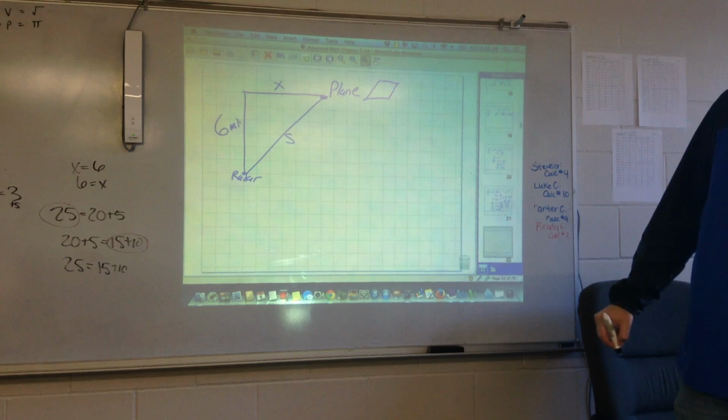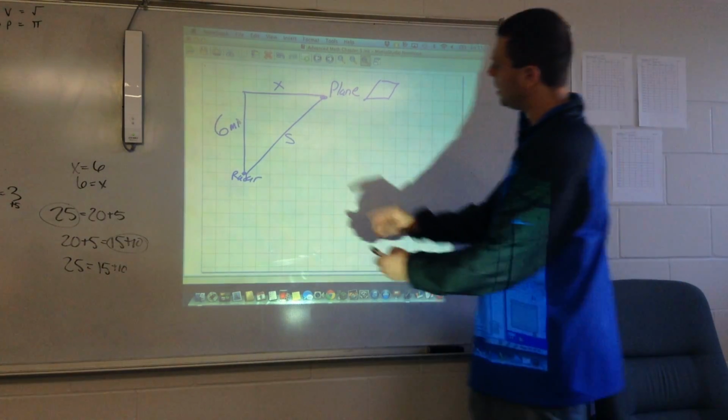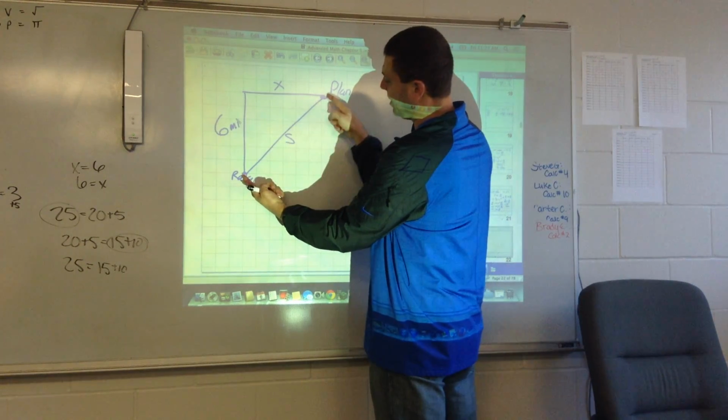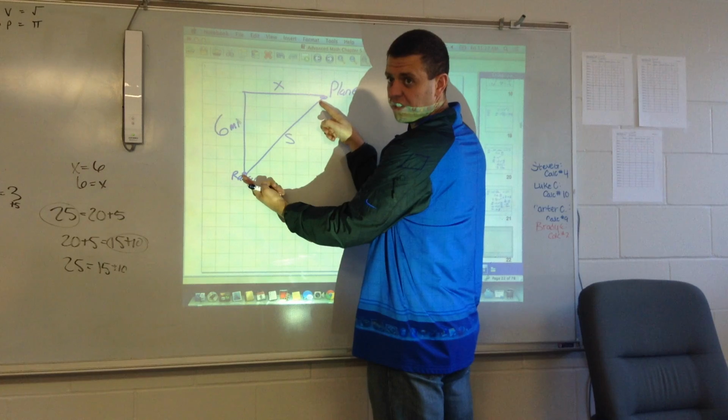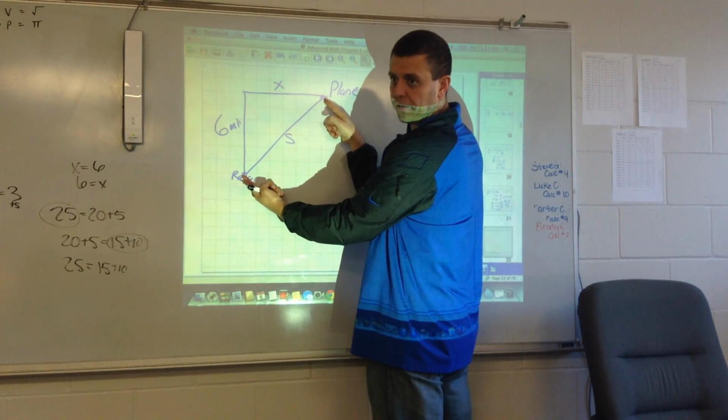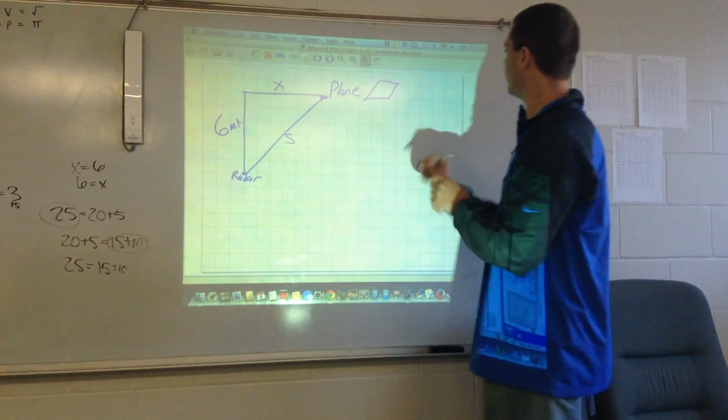S is decreasing at a rate of 400 miles per hour. So ds/dt, how fast S is changing with respect to time. Because it said it's decreasing, it's negative 400 miles per hour.